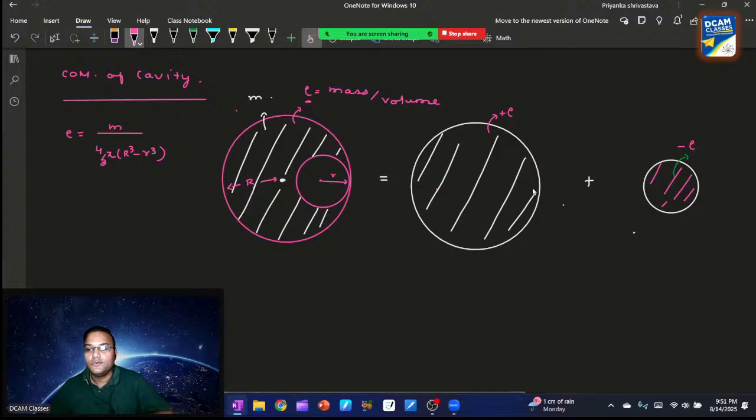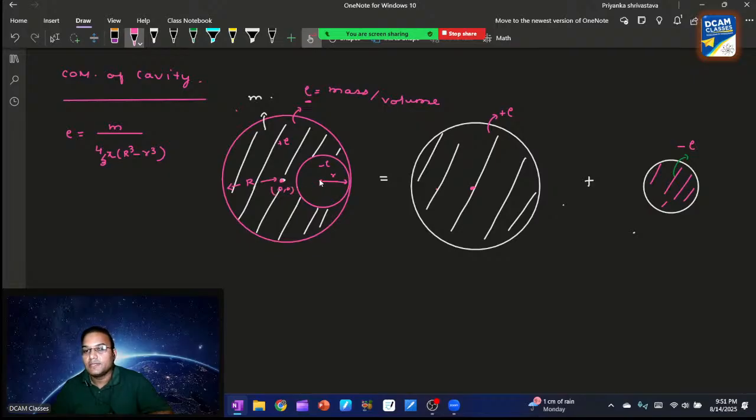Now, how do we do what we have done? We have created two masses. Now, in reality, this is positive mass density and this is negative mass density. The center of mass of this originally was at this position, here, 0, 0.